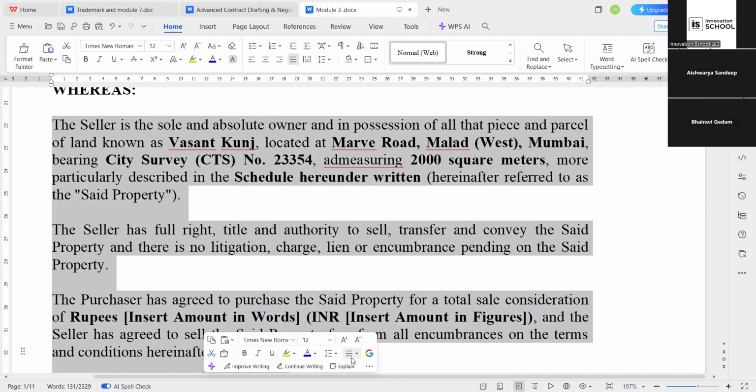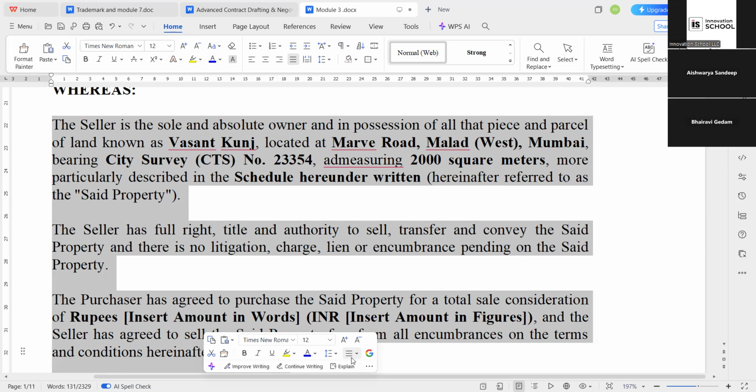So, in order to understand where the property came from and since how long an individual has been enjoying it, you need to mention the entire history of 30 years. Even now, recently, the Supreme Court has put in its orders that you need to mention 30 years of history in the agreements.